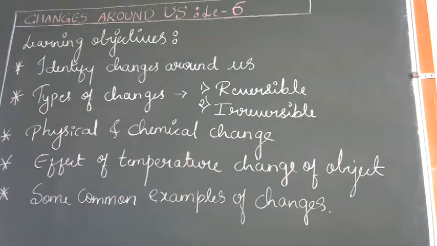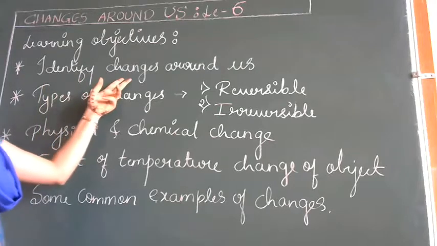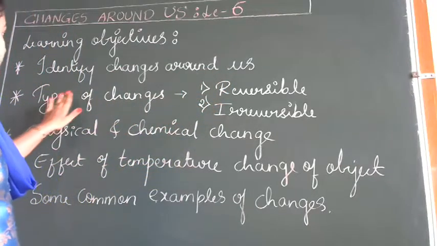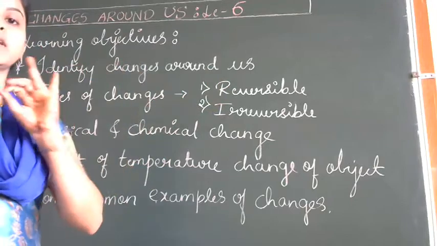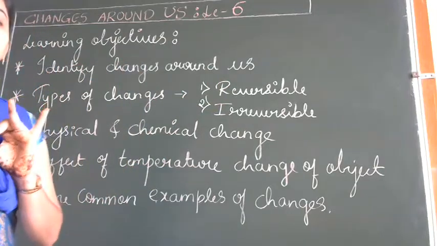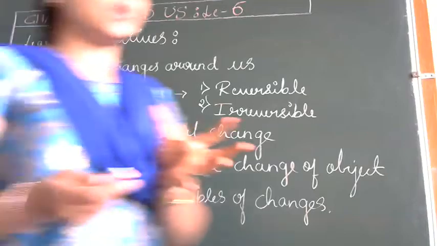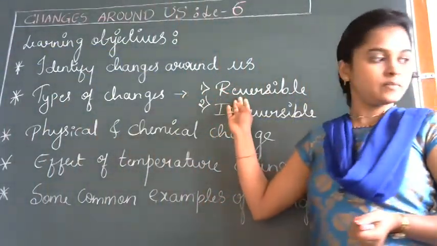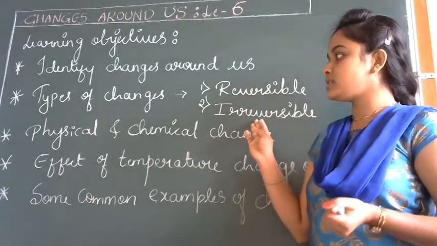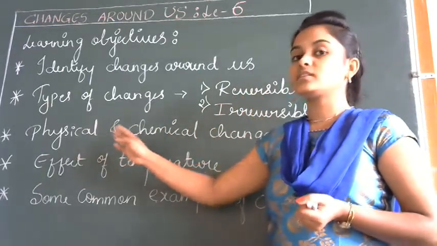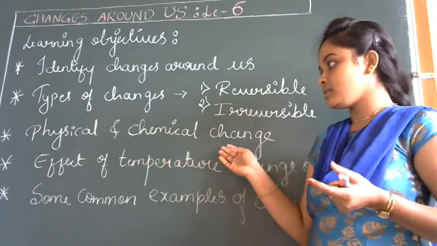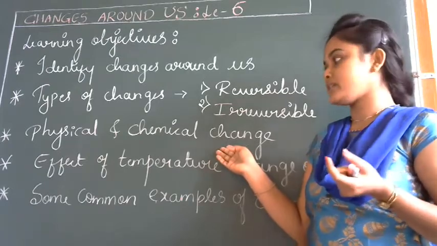So in this lesson, we will study some of the changes around us, right? Next, types of changes. We have two types of changes where the object can change: reversible and irreversible changes. Next, we will study physical and chemical changes, including some examples.